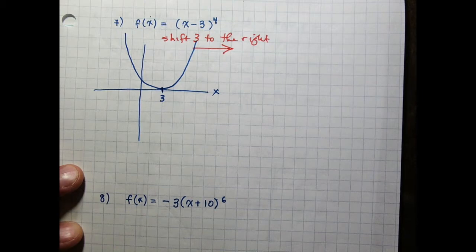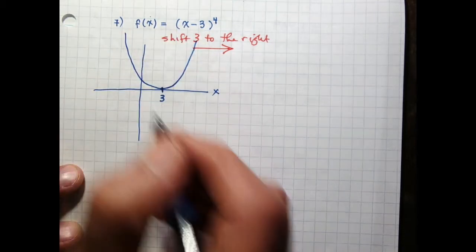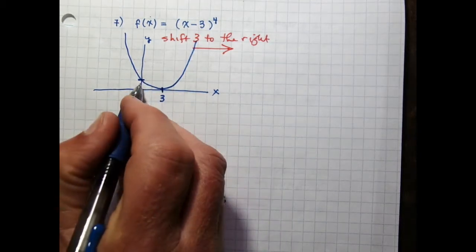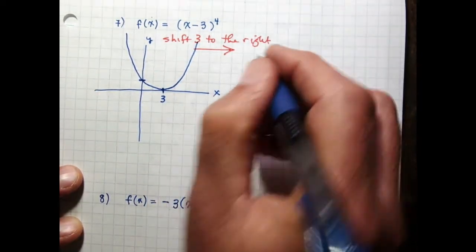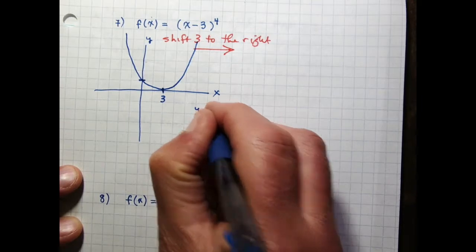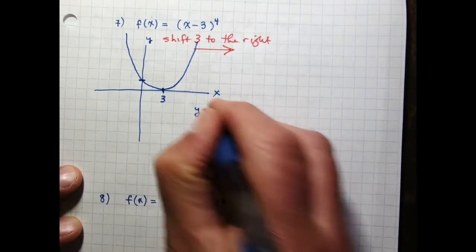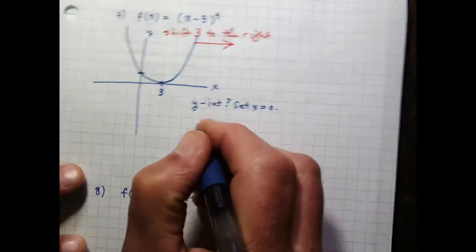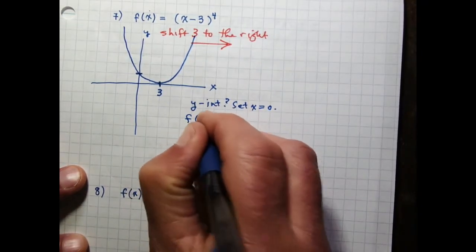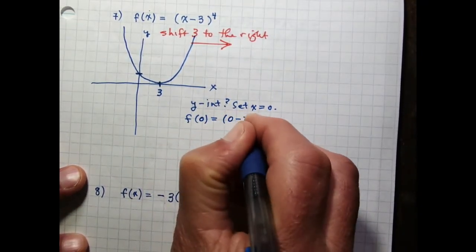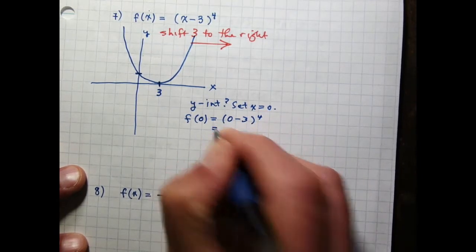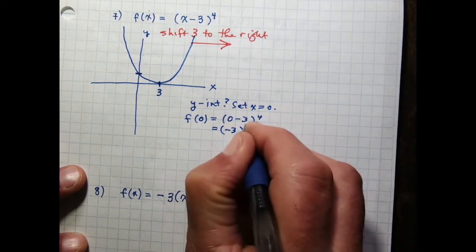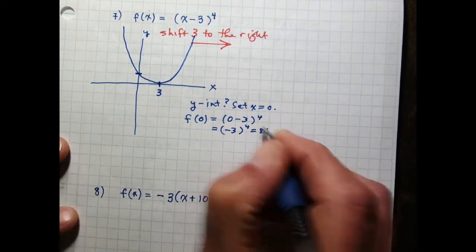Now I didn't set up my scales on the y-axis. How can we find the y-intercept here? You're going to set x equal to 0, right? So f of 0, which is 0 minus 3 to the 4th, it's going to be -3 to the 4th, which I think is 81.